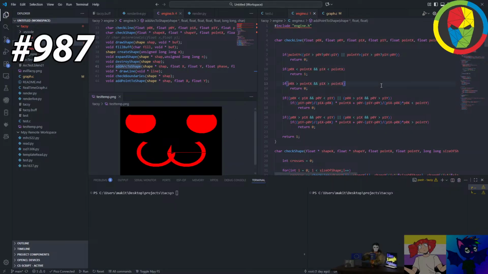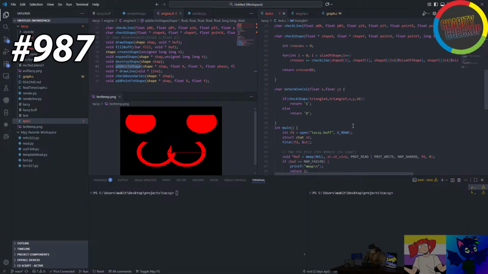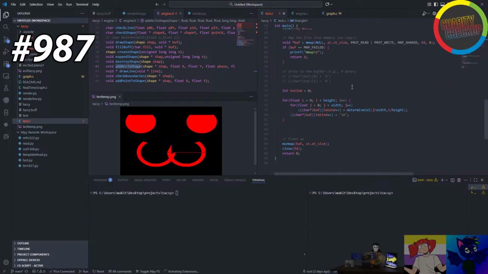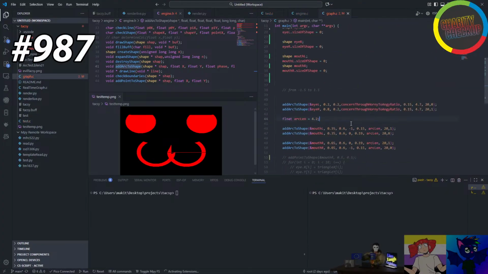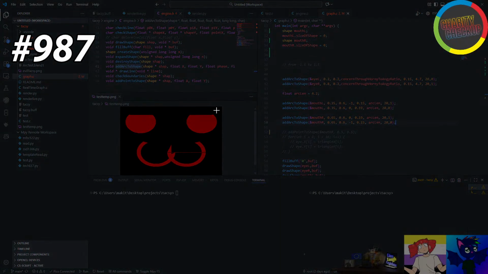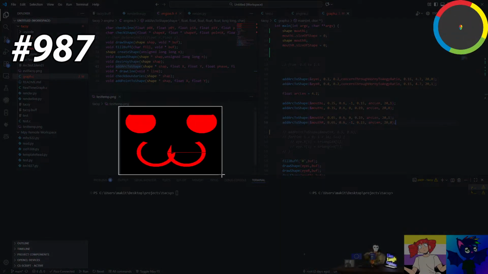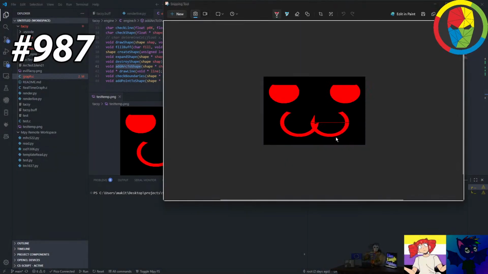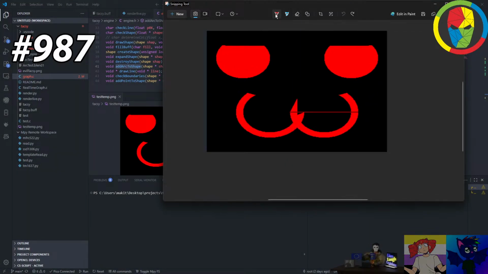So I made this engine, and in this engine, I don't know where to start. It's just genuinely so difficult to use, because this face right here, these are the lines that create it. The first two are the eyes, then the last four are the mouth. The way it works is it starts the arc right here.